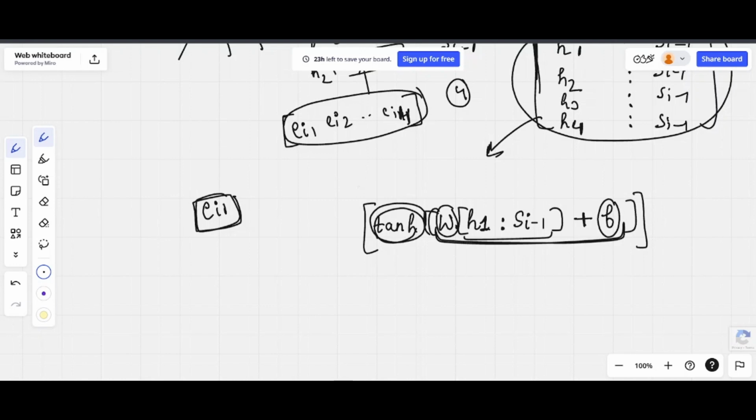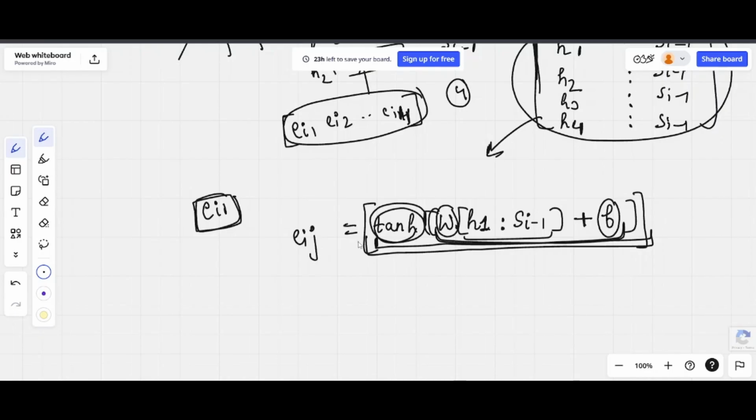Now this final answer tells you how much information from your neural network will pass on to the next layer. So what we are getting as output is EIJ. This is for a single element.